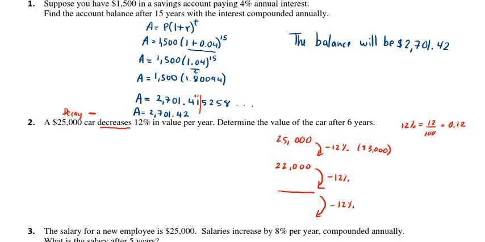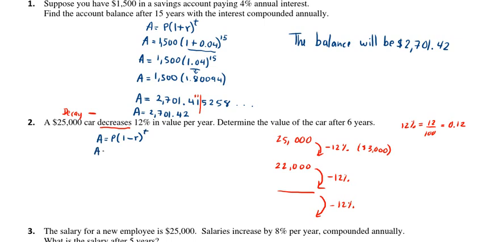So we could keep doing this 6 times, because it's 6 years, but we could do it faster with the formula. So the new amount is going to be the original amount multiplied by 1 minus the rate, raised to the time.